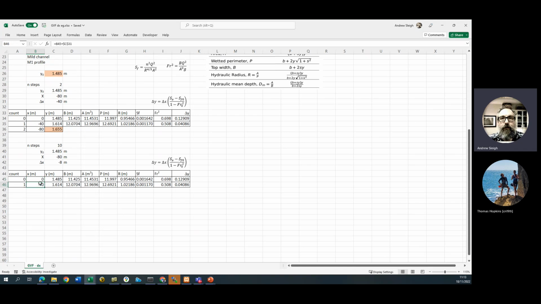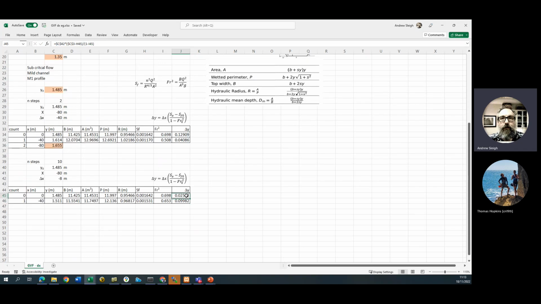Looking at this table, actually we just need to correct 2 things on this. This delta y was based on a fixed value of delta x as being 40, but we need the one that's relative to this table. So we need that one. We need to drag that cell down. And this delta, this was also equal to the one with that delta x step. So we need to just correct that one for that cell.